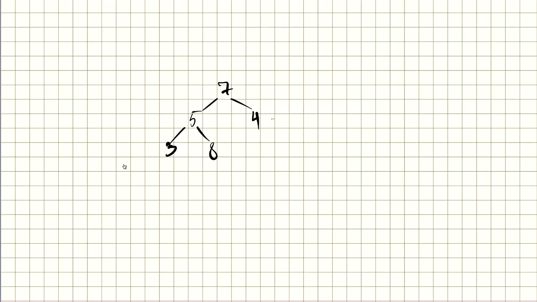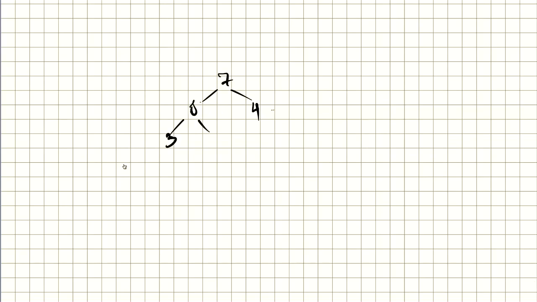In the rise operation, we start from 8 and we compute the position of the parent. That's why we need the computation of these indices to be done efficiently. We check that the parent is 5, so the invariant doesn't hold, and then we swap. We remove this 5 from here, and we put 8 here, 5 here.